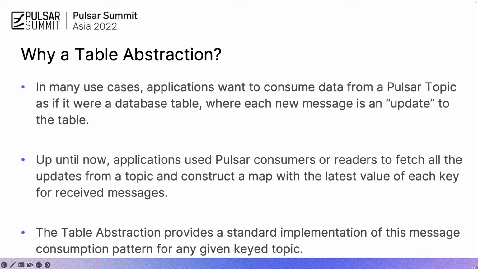Up until now, applications use Pulsar consumers or readers to fetch all the updates from a topic and construct an internal map to retain the latest value for each key from the received messages. The table abstraction provides a standard implementation of this message consumption pattern for any given keyed topic.